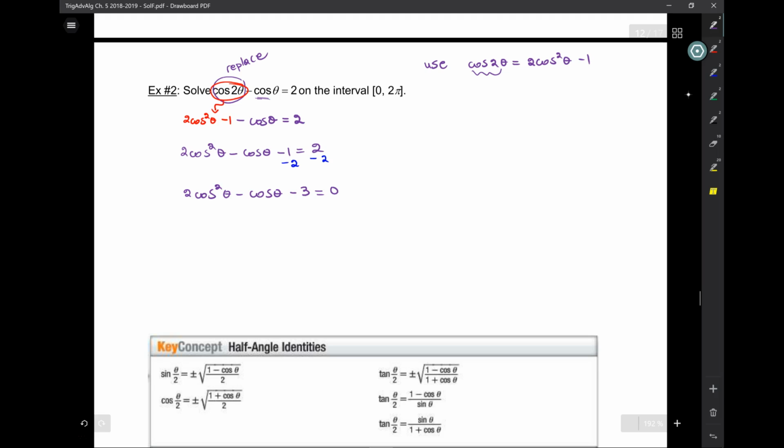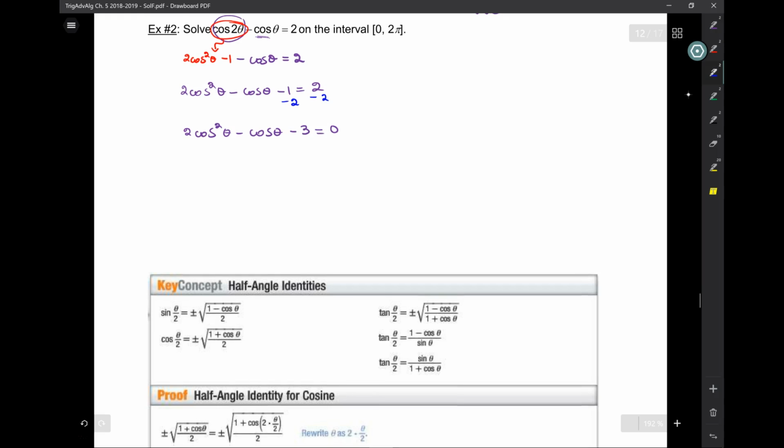Yeah. You can factor now, right? Remember how we factored? Okay, so what's our handy dandy way of factoring? Multiply this to that, and I get cosine squared theta minus cosine theta minus 6 equals 0. So now I need 2 numbers.